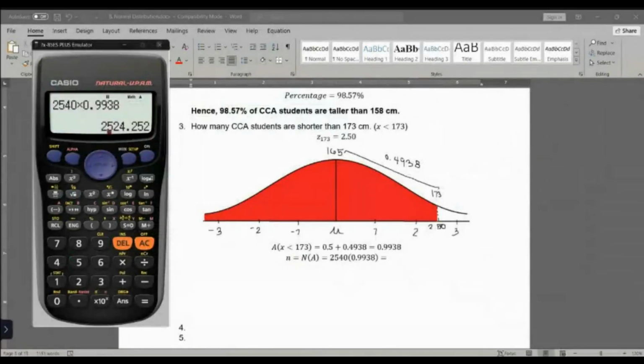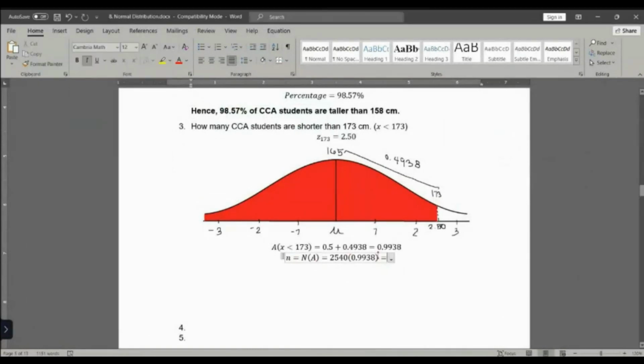Okay, 2,525. Mag-round up tayo. Students. Ayan. 2,525 students. Okay, and then lastly, our conclusion.